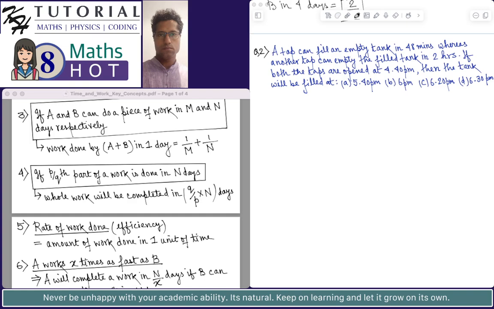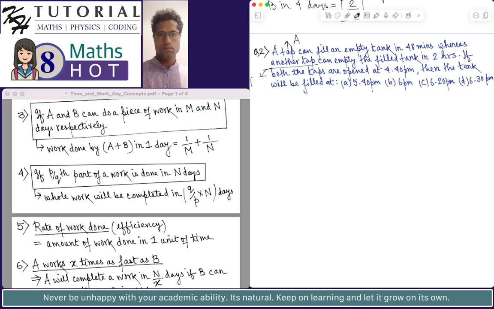Let's name the taps: let the inlet be A and the outlet be B.